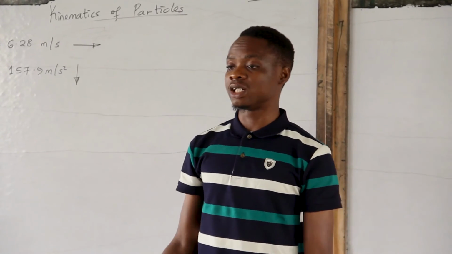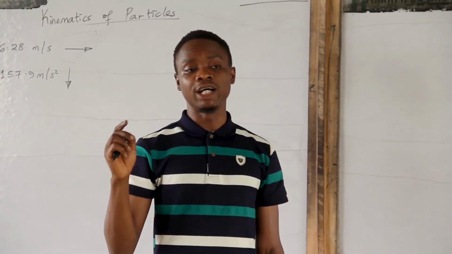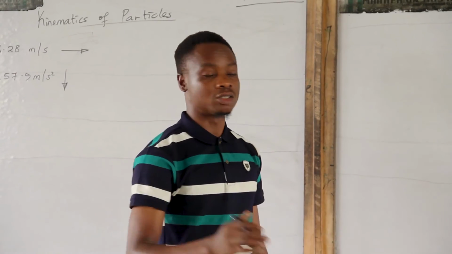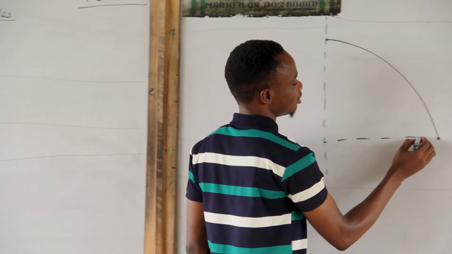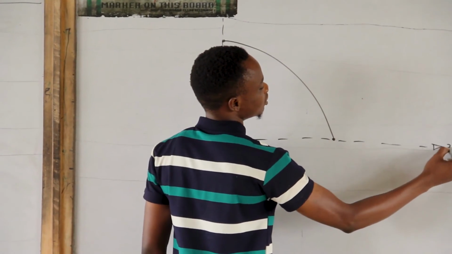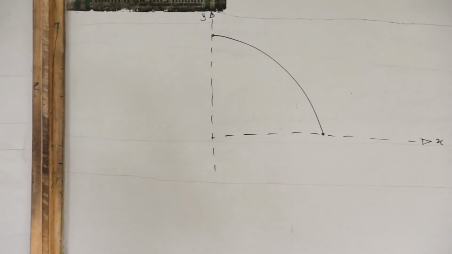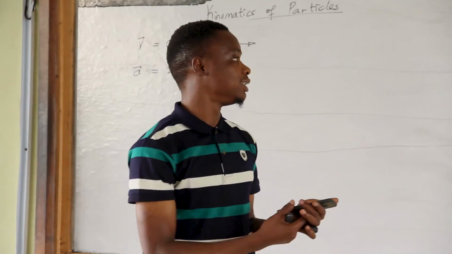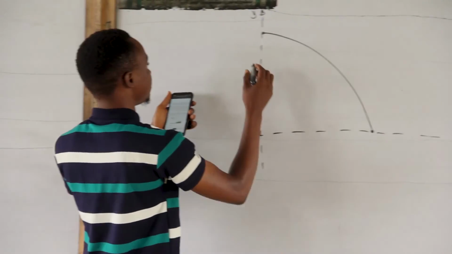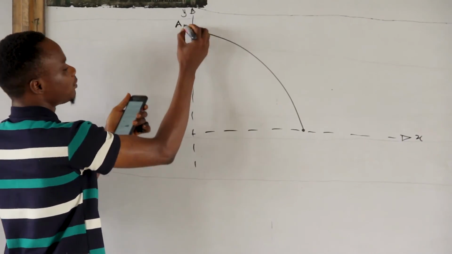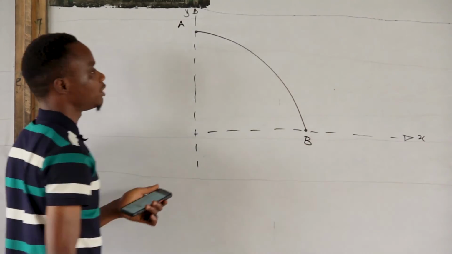You can locate the origin anywhere you like, just ensure that you stick with the sign convention. This is our x direction and this is our y direction. This is point A, and this is point B.